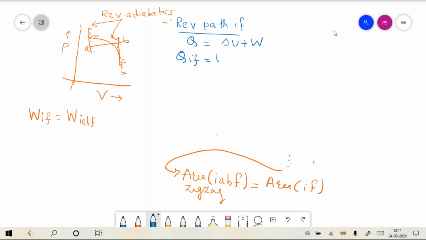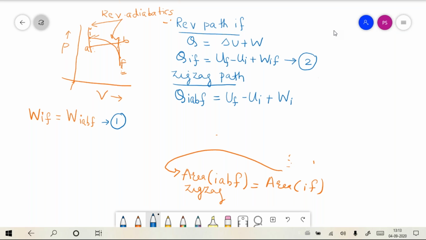It is UF. And what is the initial internal energy? For the IABF process, the initial internal energy is again UI, plus WIABF. Let us call this process 3.